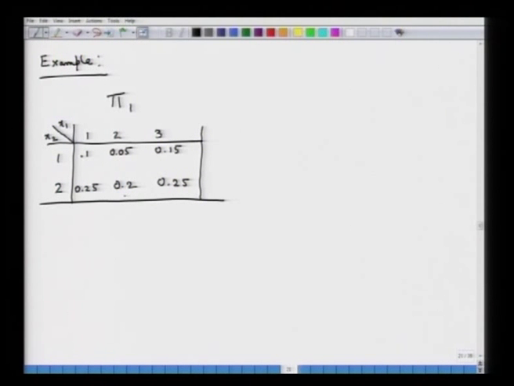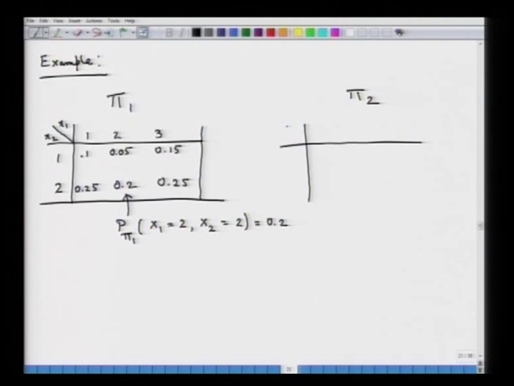So, the interpretation is that the probability that x1 takes the value 2 and x2 takes the value 2, under the pi 1 population, is equal to 0.2. It is a standard bivariate discrete distribution setup, and these are the cell probabilities of these combinations. Now, similarly, suppose we have a second population pi 2.